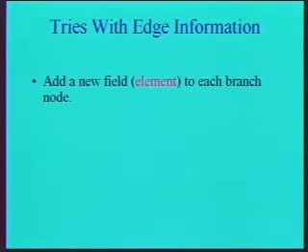There are several variations on the basic trie structure. We'll run through some of them in class, and I'll let you look at the readings on the website for the remaining variations. In one variation, we augment our branch nodes so that each node has yet another field. This one we might call an element field. It points to one of the element nodes in the subtrie of which it is root. What this enables us to do is find out, on the way down, what characters or digits are being skipped over.